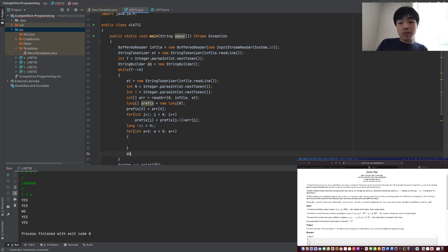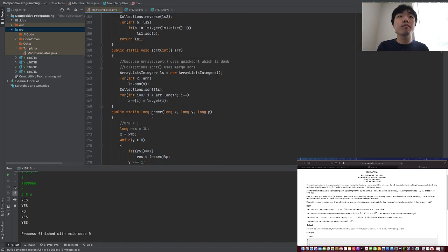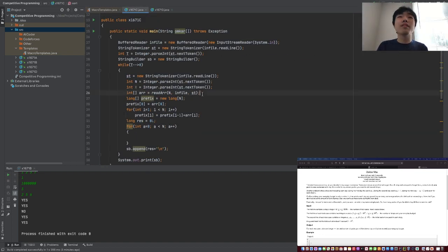The final answer will be, for each sugar pack, how many days we go till we buy it. It's not sorted. It is not sorted. I need to sort this. I do need to sort this already. It's kind of important.